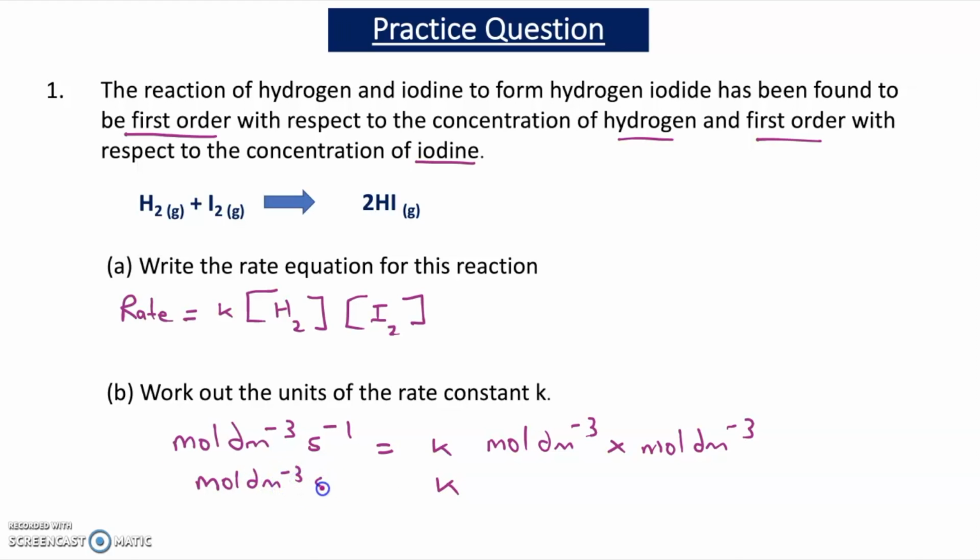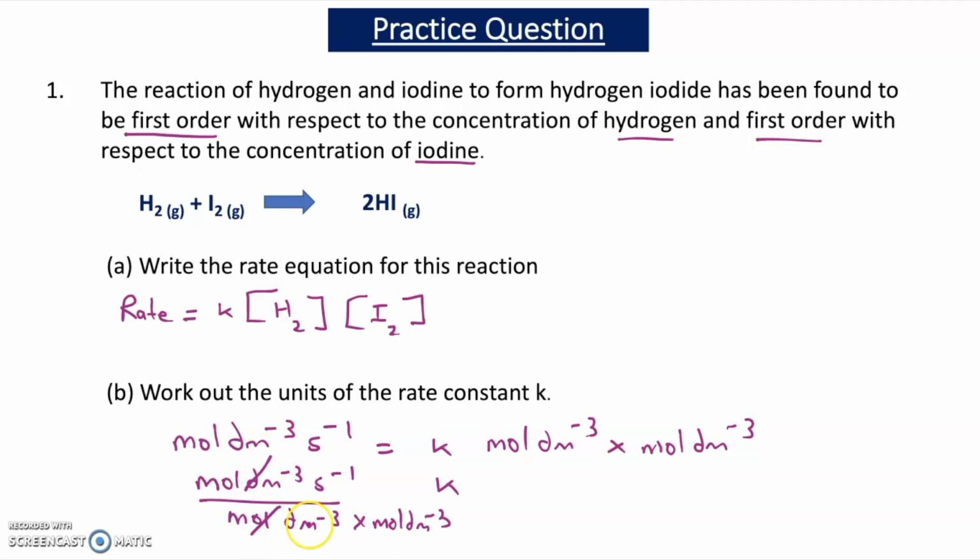So to get K, we just rearrange this, and it would be moles per decimeter cubed seconds to the minus 1 over moles per decimeter cubed times moles per decimeter cubed. And we're able here to cancel out the moles per decimeter cubed that's on the top and the bottom.